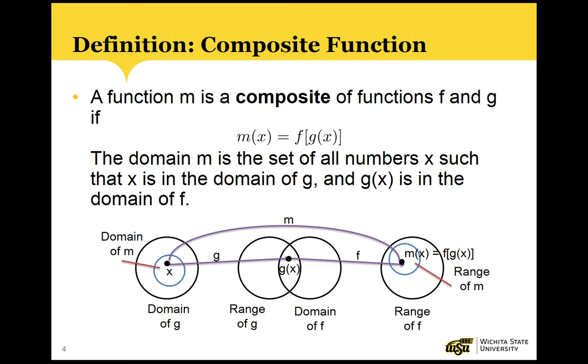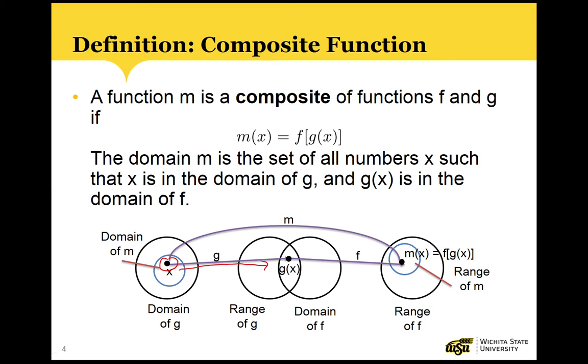Here we have a schematic drawing illustrating what we mean. If we have some point x that starts over here in the domain of the function g, which is the big circle, we have that the domain of m is some small subset of that.